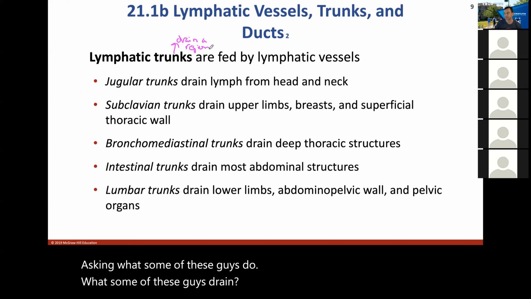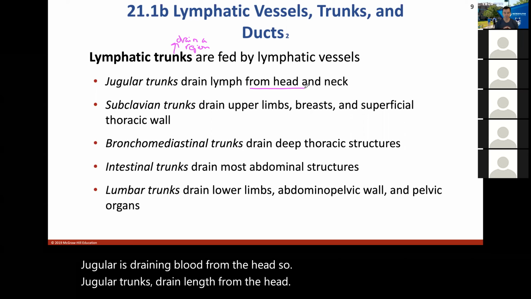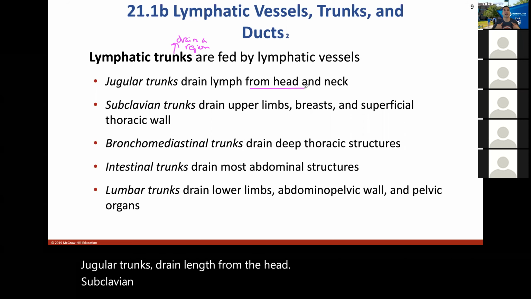Jugular. Jugular is draining blood from the head. So jugular trunks drain lymph from the head. Subclavian. Subclavian arteries extend out and go towards the arms.